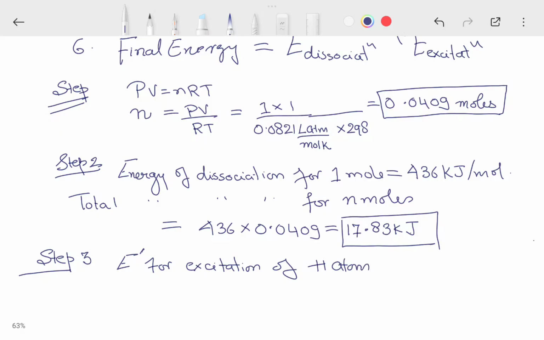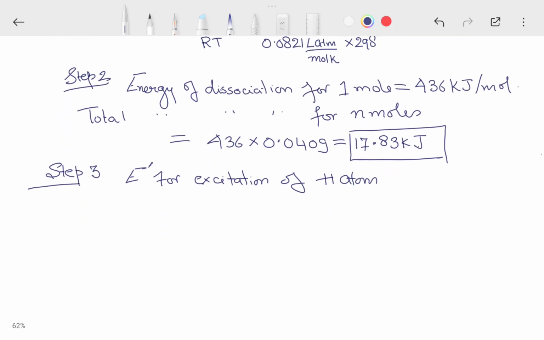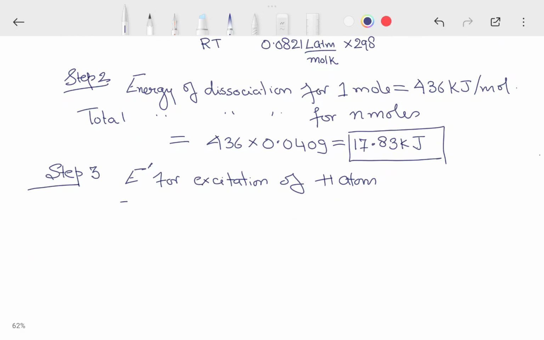That is one hydrogen atom. So E dash is equal to RH 1 upon initial energy level square minus 1 upon final energy level square.